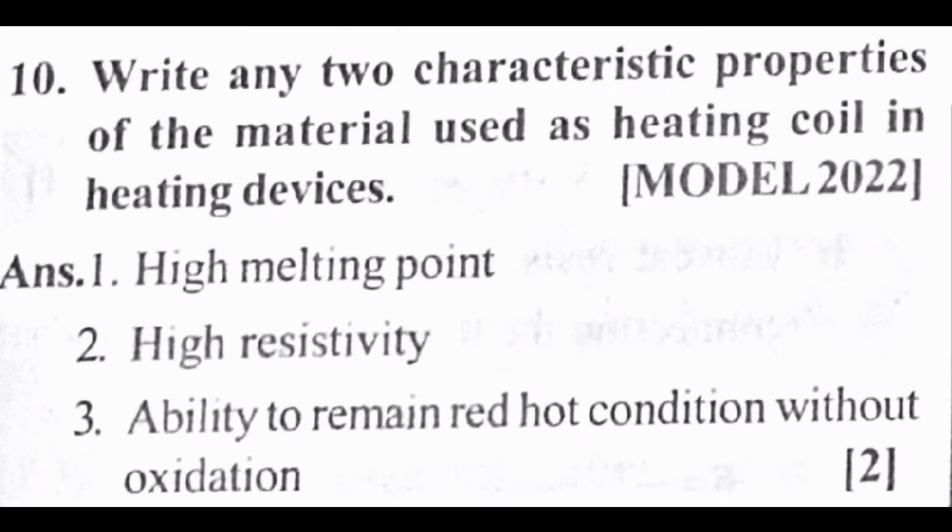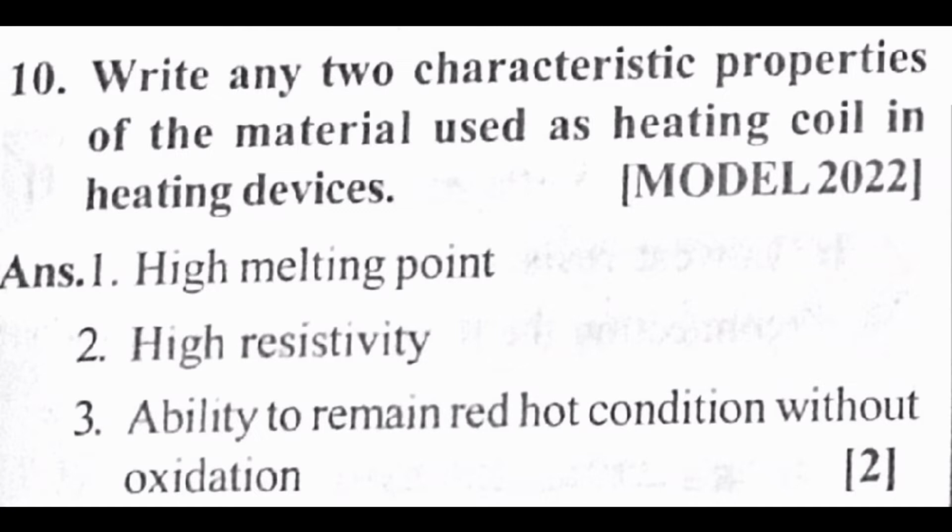This question is also asked in 2022 model question paper. The question is, write any 2 characteristic properties of the material used as heating coil in heating devices. What should be the properties of the material used as heating coil? It should have a high melting point, then the resistivity also should be high, right?